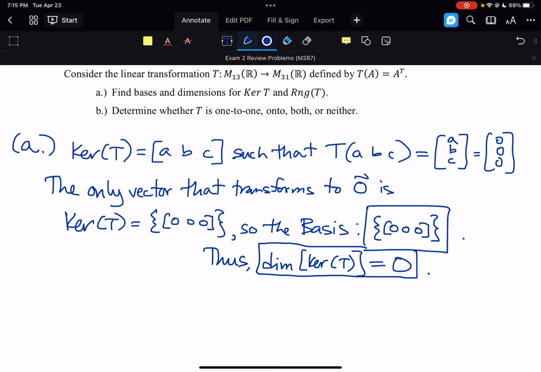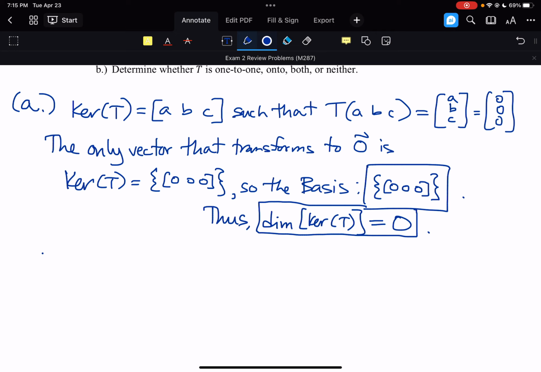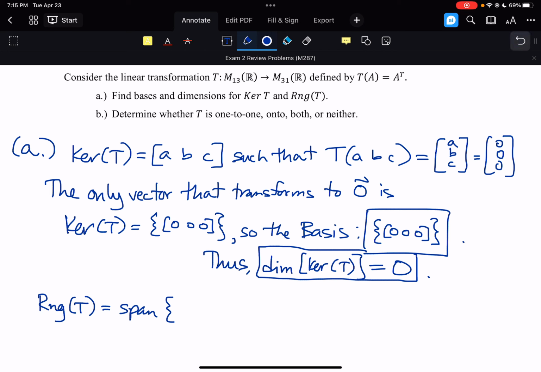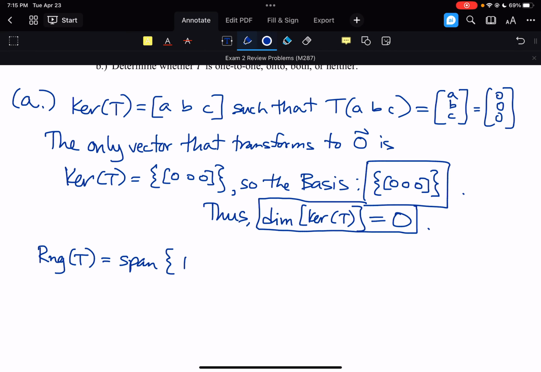For the range, so the range of T, that's going to be the span of a transformed basis for all 1x3 matrices. So that's going to be transformation of 1, 0, 0, of 0, 1, 0, and 0, 0, 1.